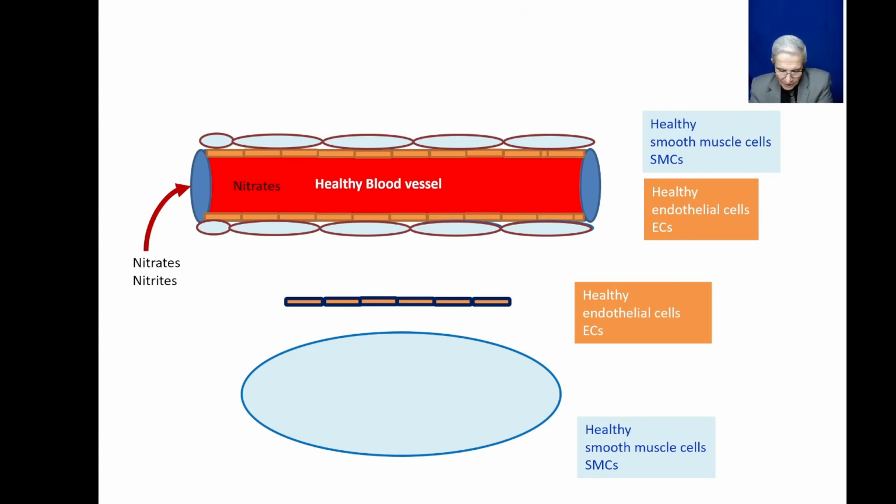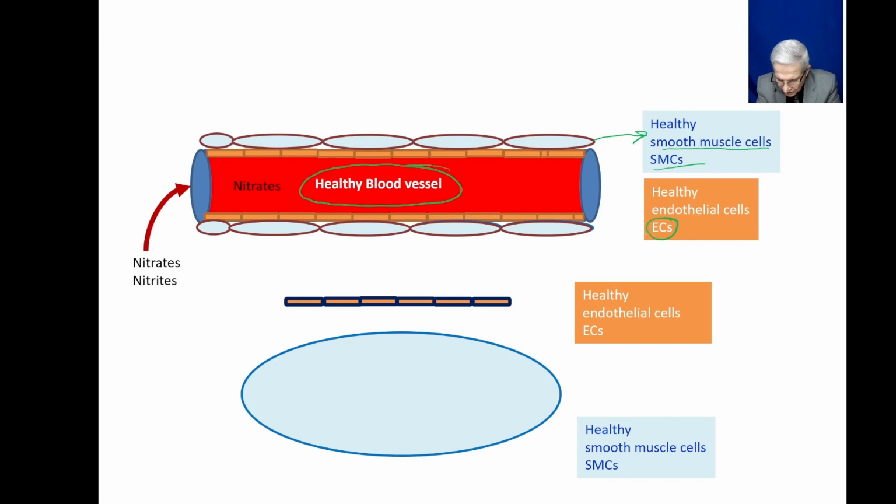In this image we show healthy blood vessels. On the outer side, we have healthy smooth muscle cells. On the inside, we have endothelial cells.